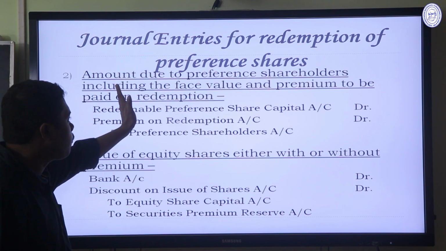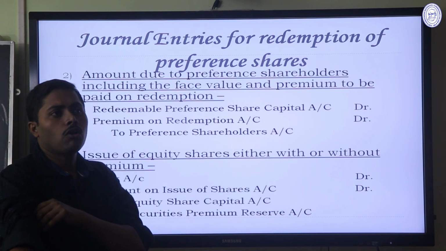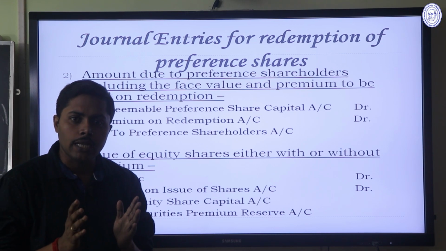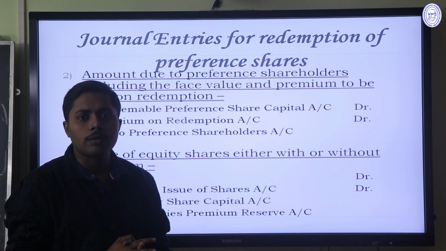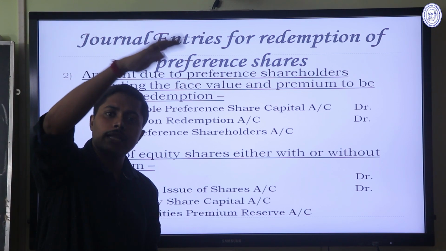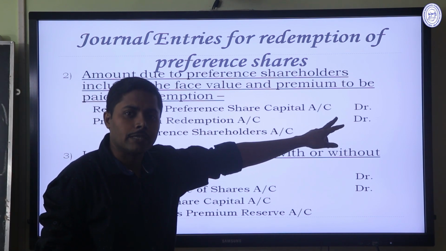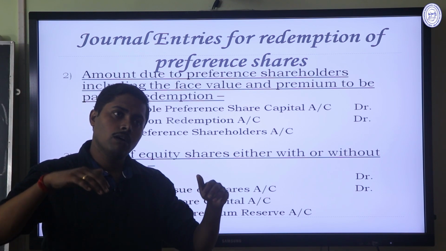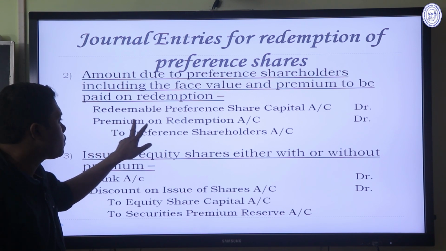So, what will be the journal for amount due to preference shareholders? Now, it is very easy. As you know, you are redeeming preference share capital. Capital shows a credit balance in your books. So, as you are cancelling capital, definitely the capital account will be debited. For this purpose redeemable preference share capital account will be debit. Now, at the time of redemption, if you are making payment of any premium, that amount will be known as premium on redemption account.